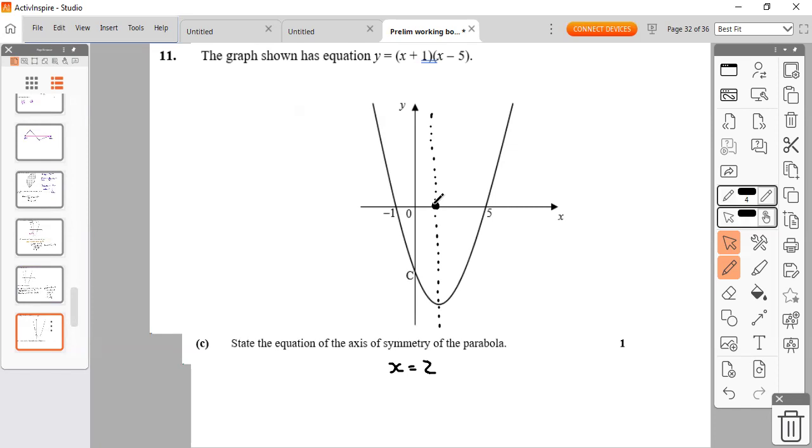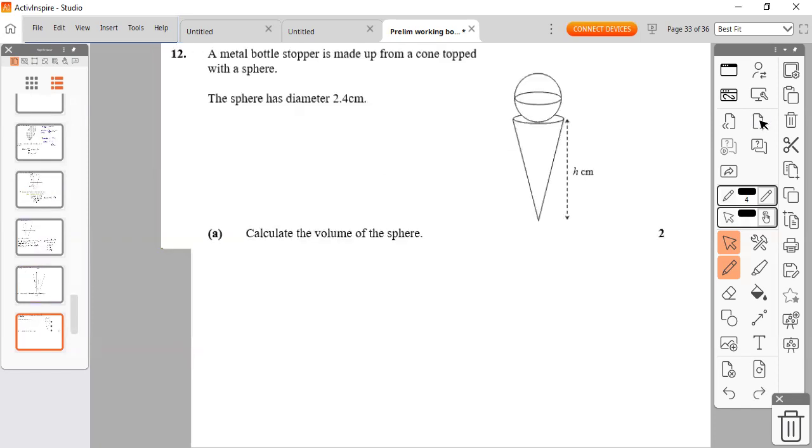Okay. Calculate the volume of the sphere. The sphere is the circular bit up the top there. So for a sphere you get given the formula on the formula sheet.